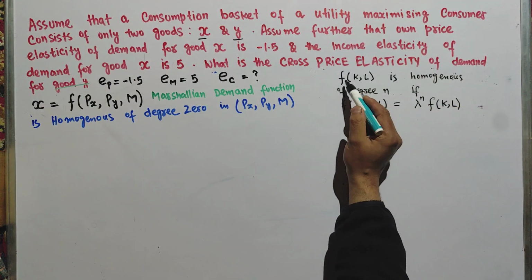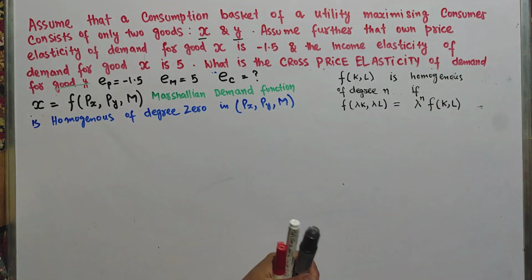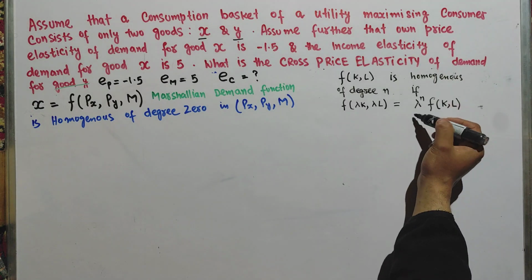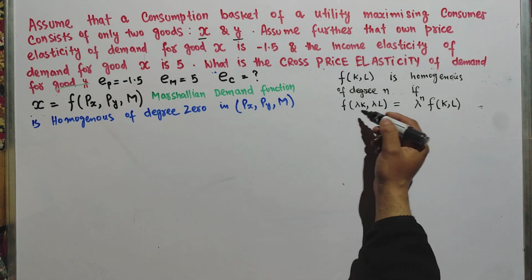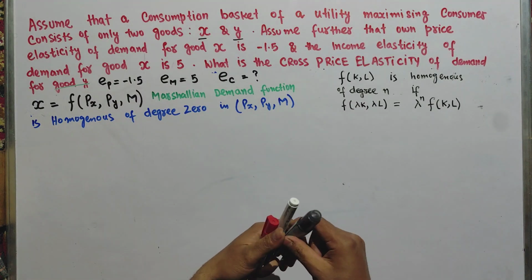Then I am saying that this function f of KL is homogeneous of degree n. That is, we can factor out this lambda from this function, and this n denotes the degree of homogeneity.